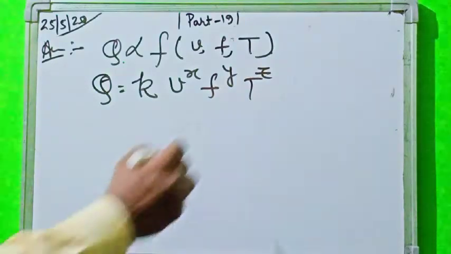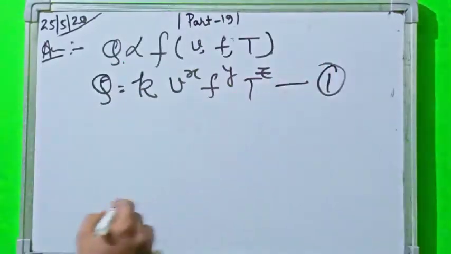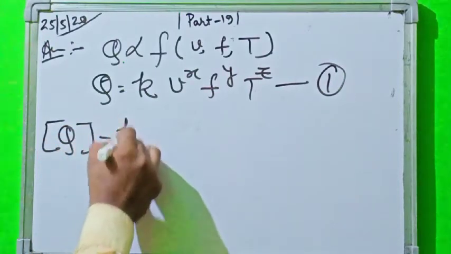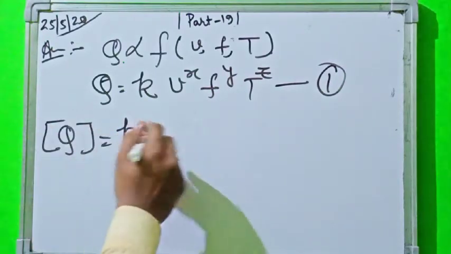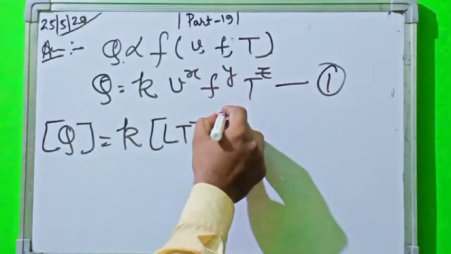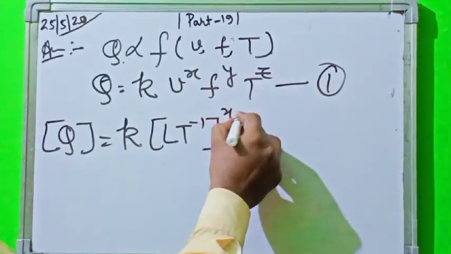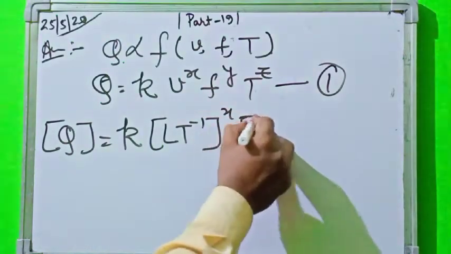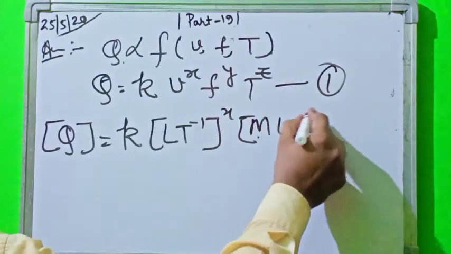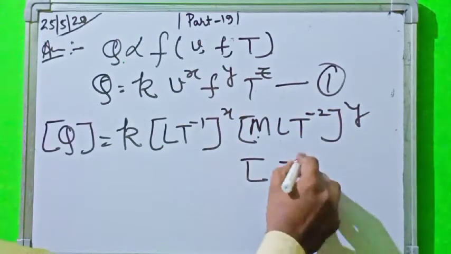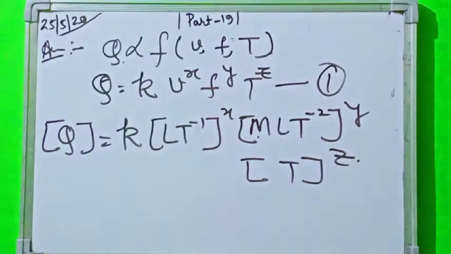So the dimensional formula for Q can be written as K, velocity L T⁻¹ to the power x, force M L T⁻² to the power y, and time T to the power z.